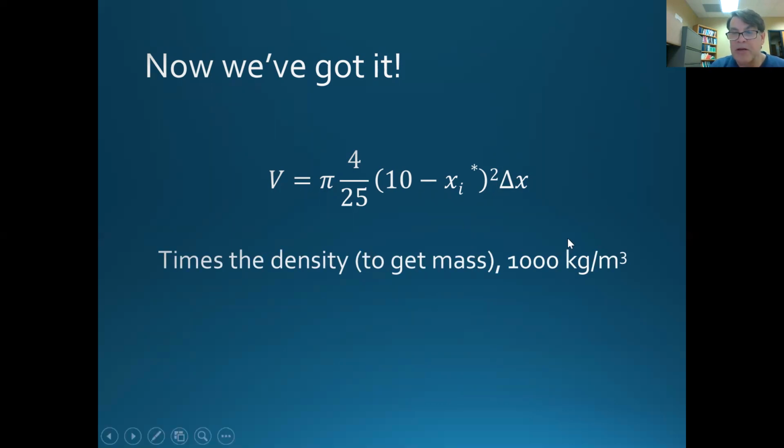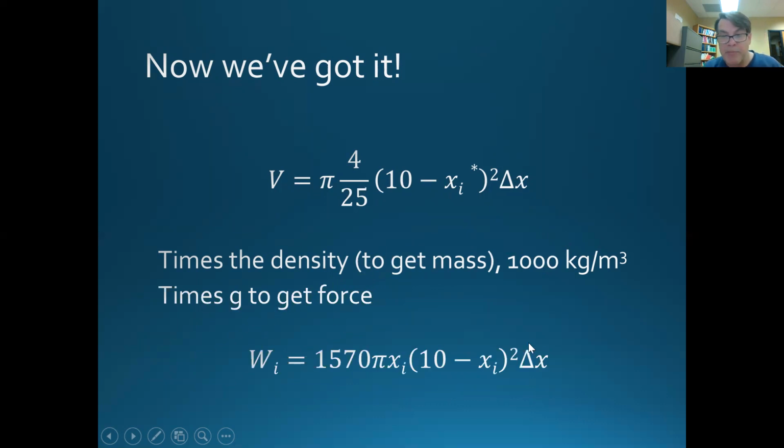So multiply this times 1,000, times the gravitational acceleration, 9.8 meters per second squared, and we get the force. So we multiply this by 9.8, and we basically get this formula: the work done for any little sliver is going to be 1570 pi times wherever we're at in x, times 10 minus x squared, times delta x.